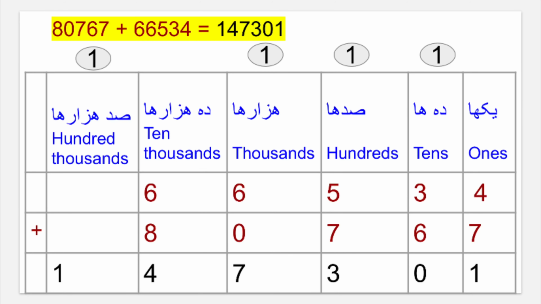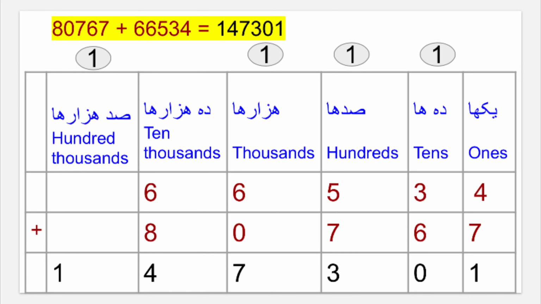It is 0 tens, right? So we put 0 here. But 10 tens is 1 hundred, so we put 1 in hundreds, at the top column, we put it in a circle. That means that one comes from 10 tens.